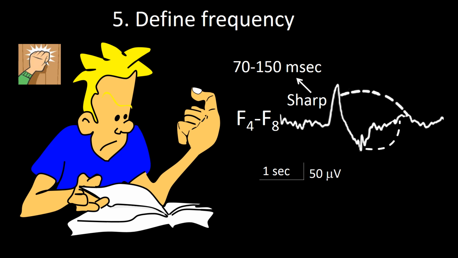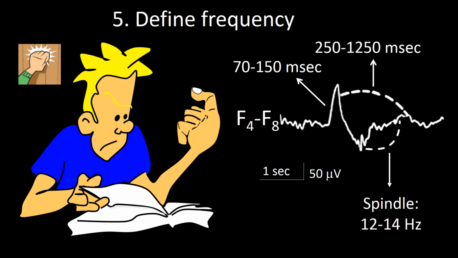The sharp wave lasts about 100 to 150 milliseconds. The slow component lasts from 250 to over 1 second. And the fast activity consists of a spindle, usually in the 12 to 14 Hz range.